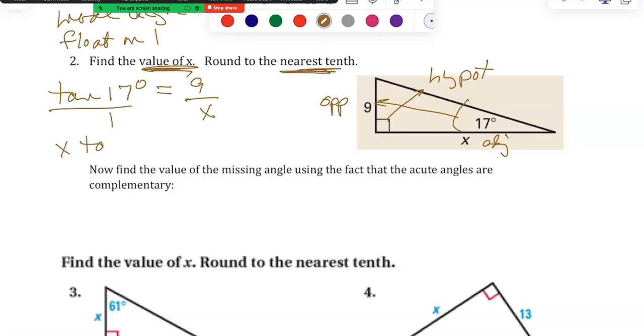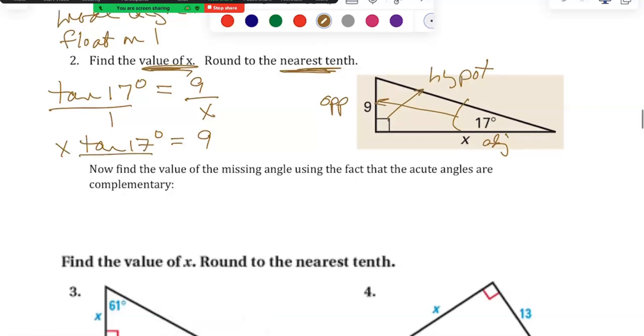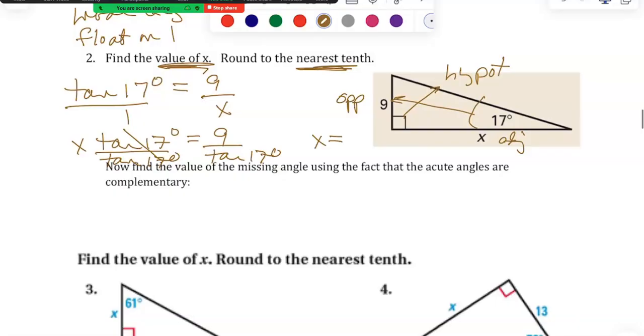X times the tan of 17 degrees equals 9 times 1, which is 9. My goal is to get x by itself, divide both sides by the tan of 17 degrees. And by doing that, I get x equals 29.4. Okay, it's not a degree, it's a length, and I'm done.